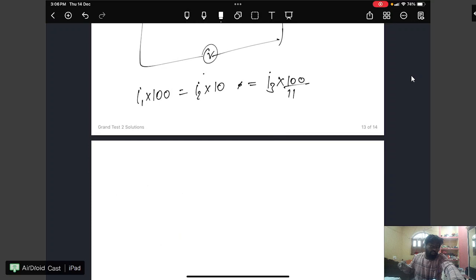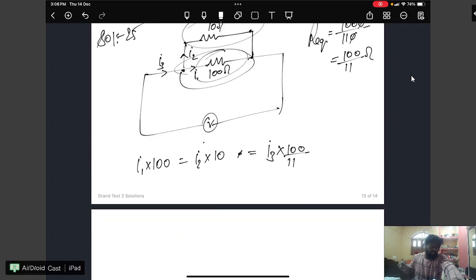I1 is to I2 is to I3 they are asking. Ratio of the potential is 1.